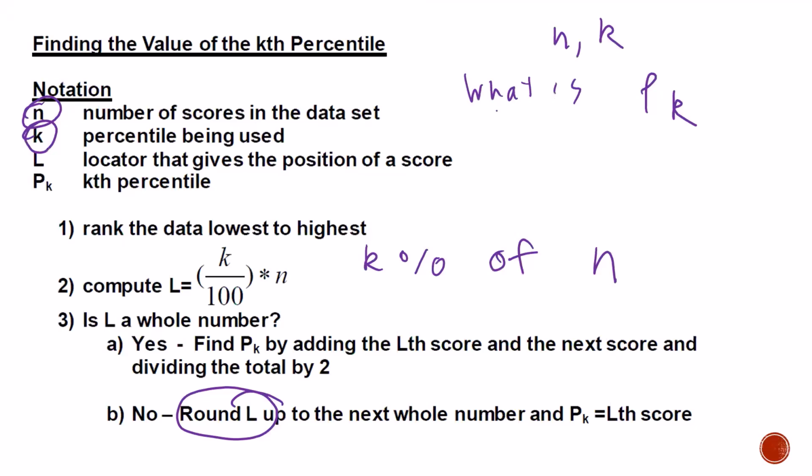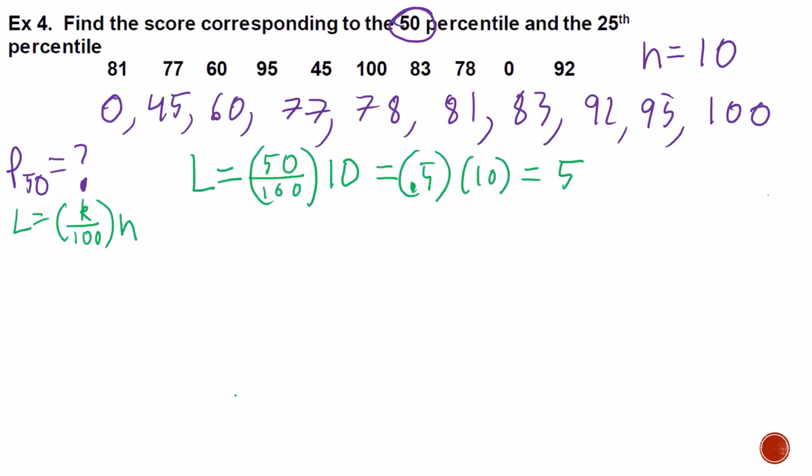So notice, then we have to ask, is L a whole number? And in this case, the answer is yes. This is the first data point, second, third, fourth, fifth, and sixth. Since it's a whole number, if I chose the 5th piece of data, only 4 pieces are less than it. So that's not really the 50th percentile, because you want 50% to be less than that number.